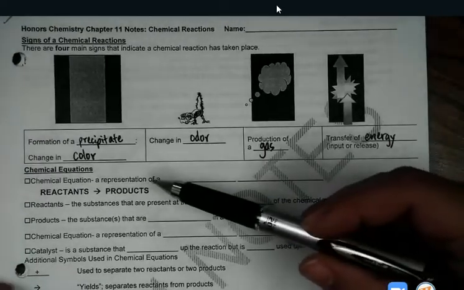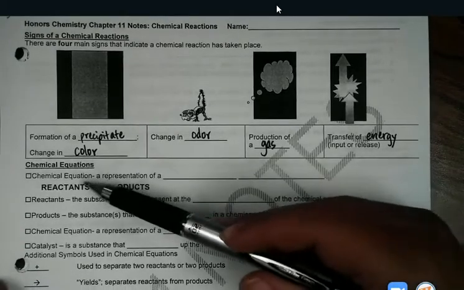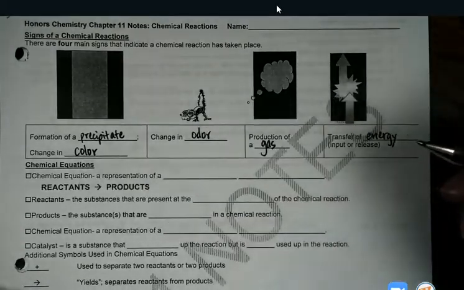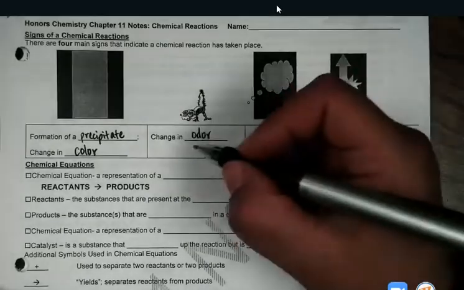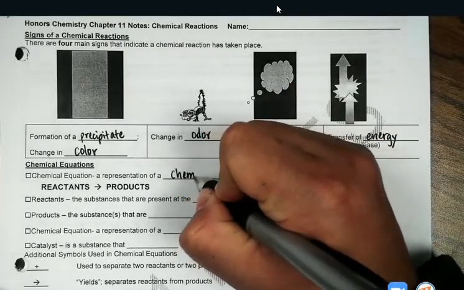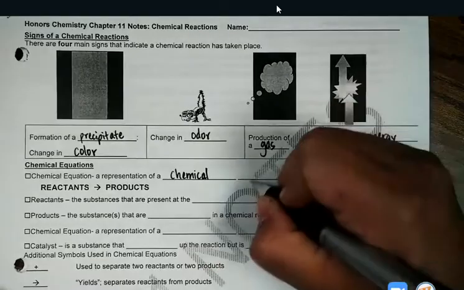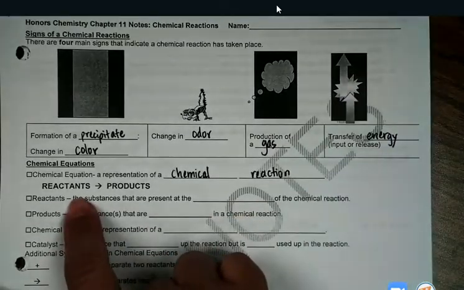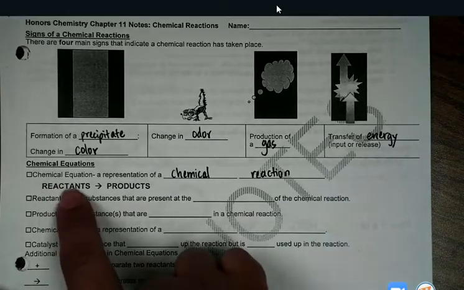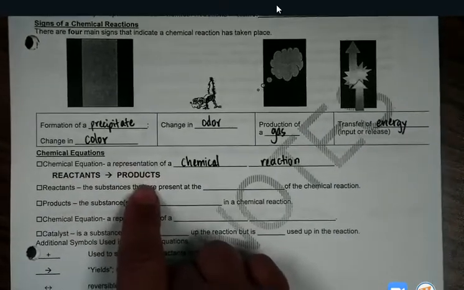When it comes to chemical equations, a chemical equation is a representation of a chemical reaction, and we always have reactions in which the reactants are on the left, products are on the right.